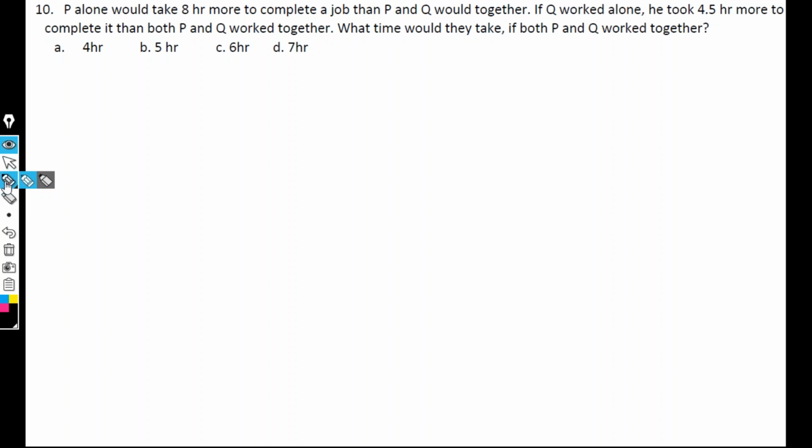In this case, he says P alone would take 8 hours more to complete a job than P and Q put together. So let's assume P and Q can complete this work in X hours. P alone would take 8 hours more, so the time taken by P is going to be X plus 8 hours.